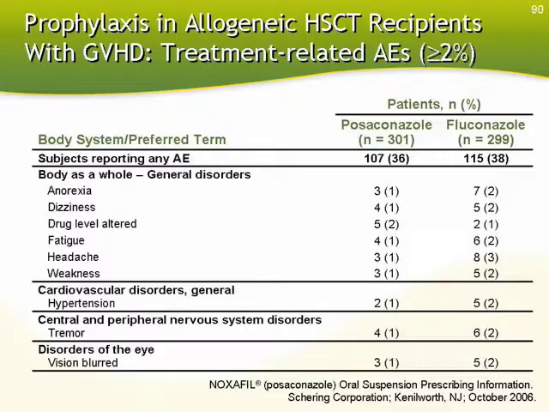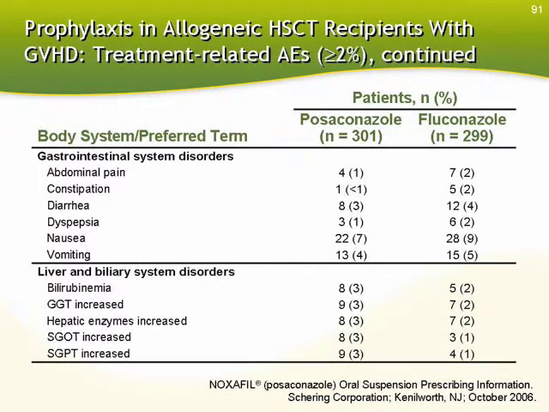In terms of posaconazole's toxicity profile, when you look at the comparative toxicity data versus fluconazole, you can rarely tease out a substantial difference here. So you tend to see quite similar side effect profiles, generally quite well tolerated.